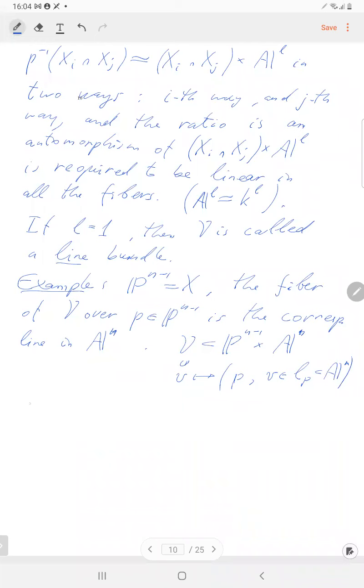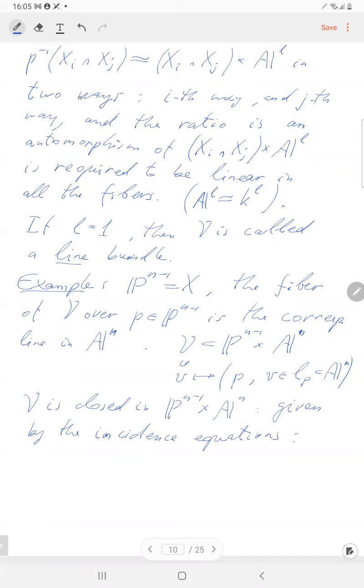So V is closed in this product and given by the incidence equations, namely that we have a line P and the vector v, and the equation is that the vector lies in this line.